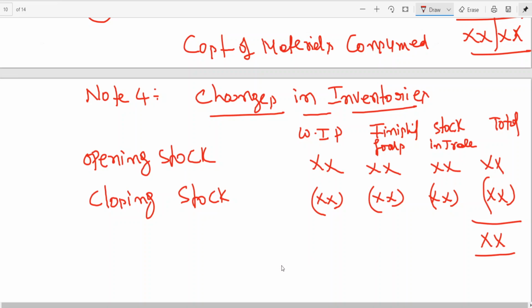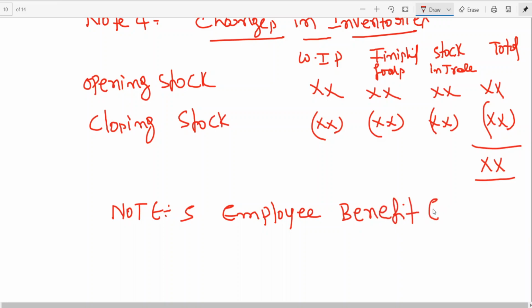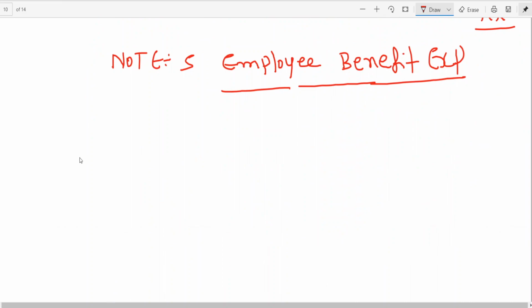Okay. The next one, note 5, employee benefit expense.